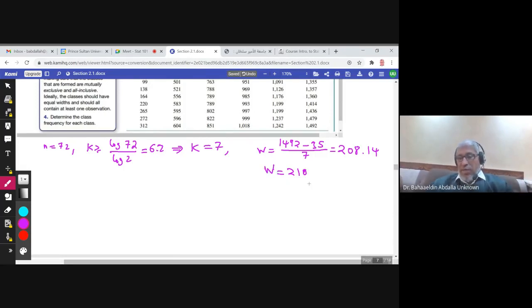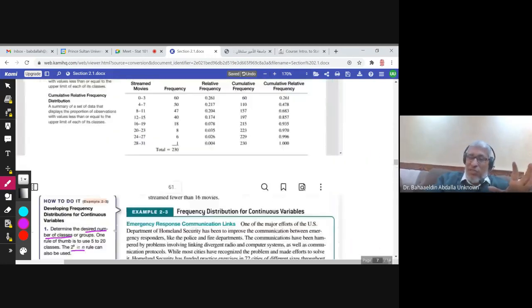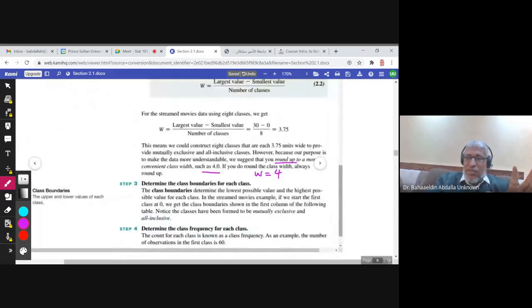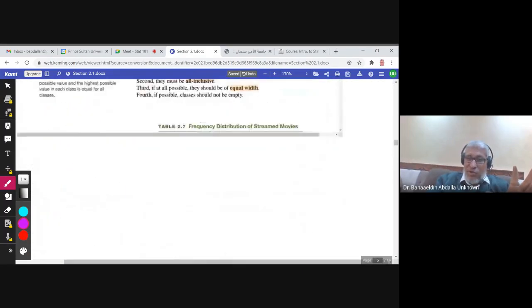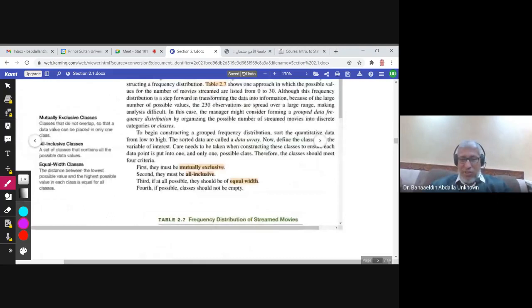Again, it's a presentation choice. But in this case, you have to make sure of certain conditions. These conditions must be true. You have to make sure that the classes meet certain criteria. First, mutually exclusive: the classes do not overlap. There is no intersection.